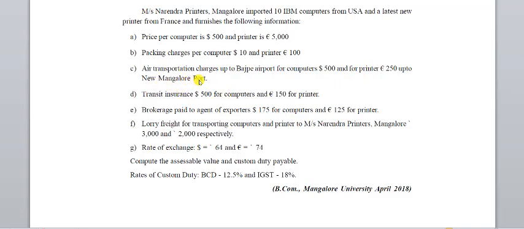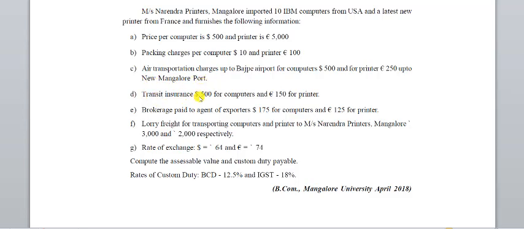So anything interesting that you find here? Yes. What we have to do? We have to compare $500 for computers, transportation charge for computers, with 20% of FOB price. Whichever is less will be taken into account. In case of printers, should we do that? Not required, because the mode of transport is seaways.